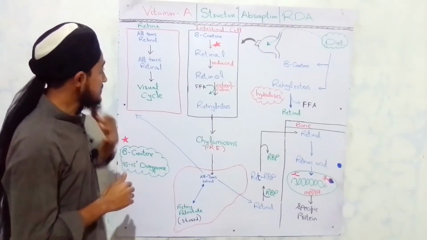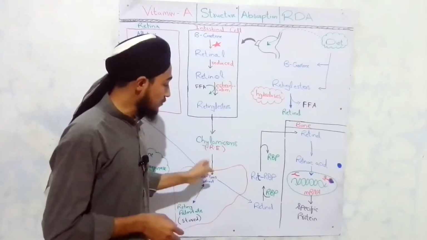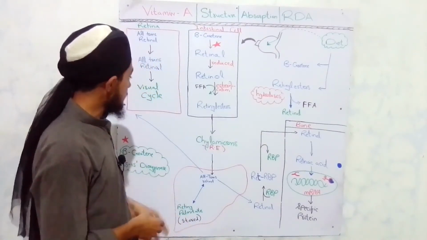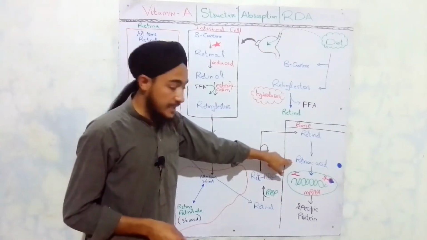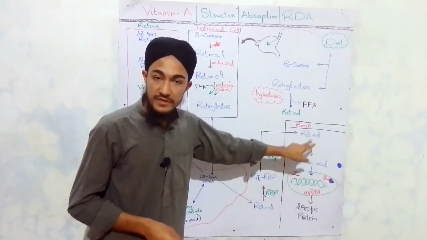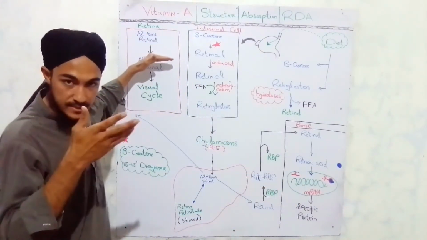So up to now we have discussed the structure and absorption of vitamin A, and also the transport of vitamin A in the blood plasma. And we have discussed two functions of vitamin A, that it helps in cell differentiation and growth, and also in the visual cycle.